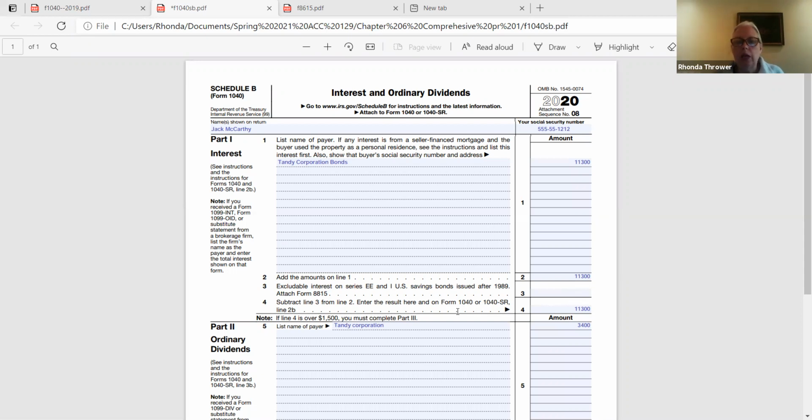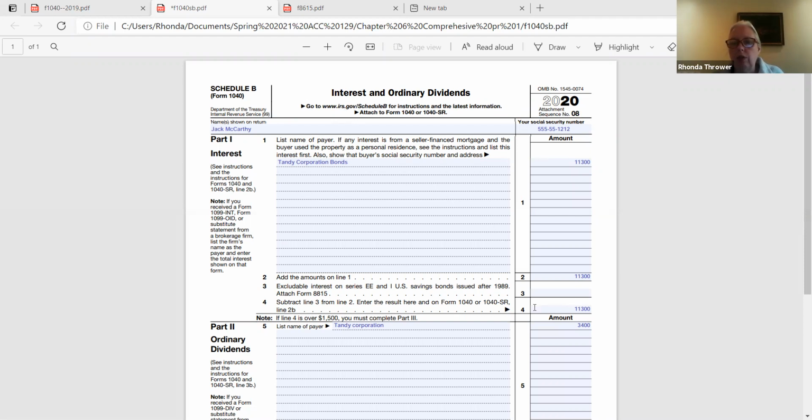Okay. So the 1040 form that we're doing is the 2019 form, which will go along with what the textbook is saying. Even though this has 2020 on it, this Schedule B form did not change from 2019 to 2020.